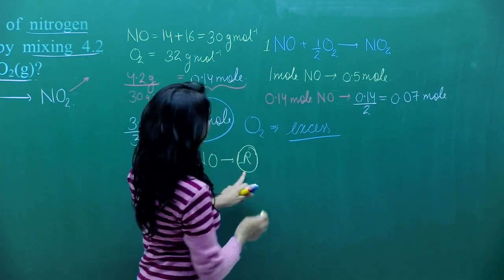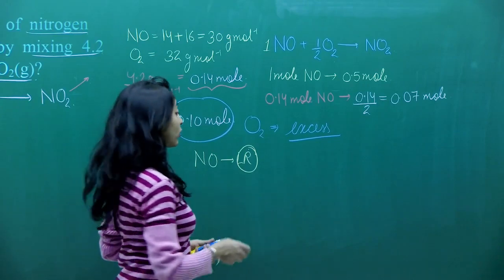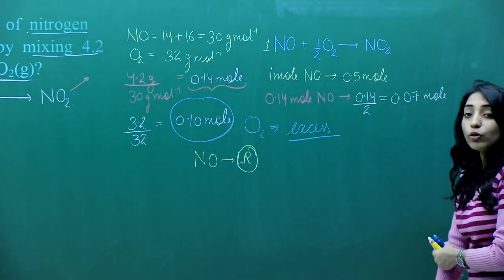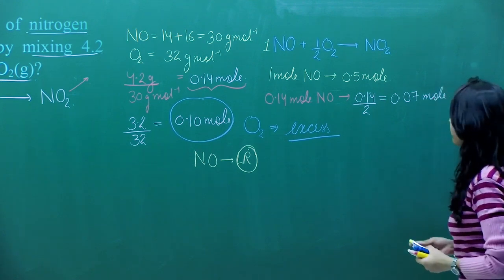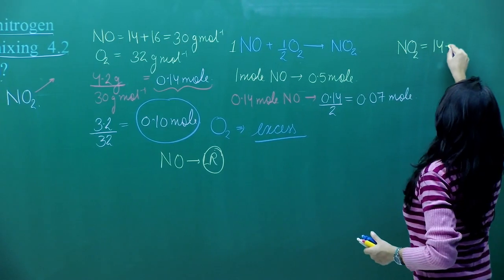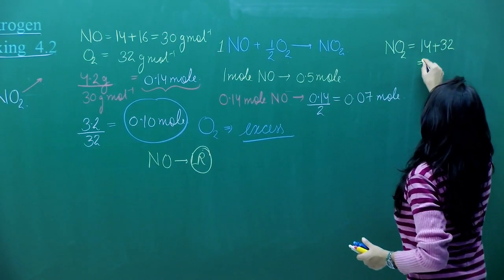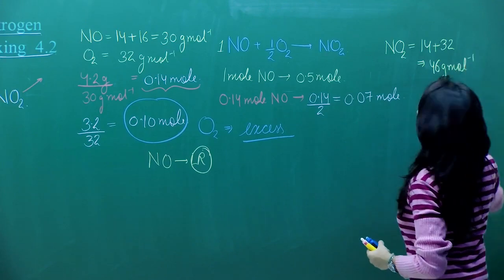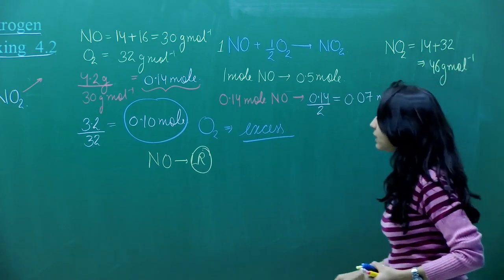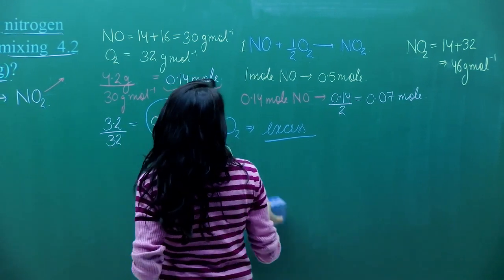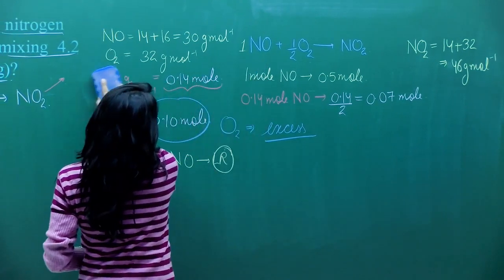So if NO is considered as the limiting reagent, let us try to concentrate on the molar mass of NO2. So NO2 molar mass will be found to be 14 plus 32, which is 46 grams per mole. Okay, now see, can I simply say where is my equation? Okay, that's the equation that I have.